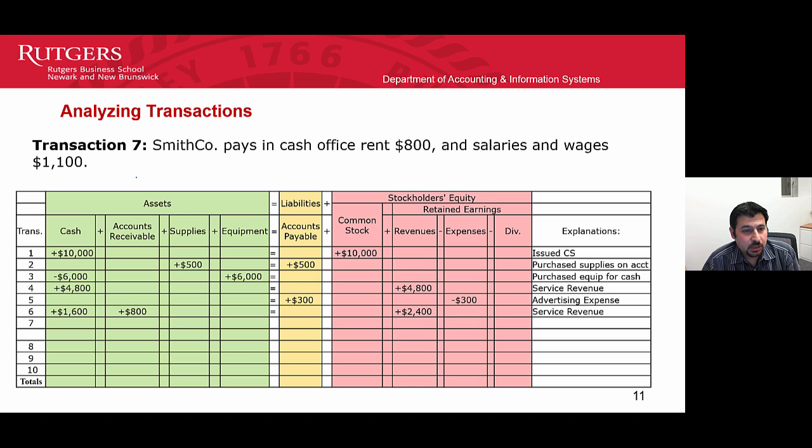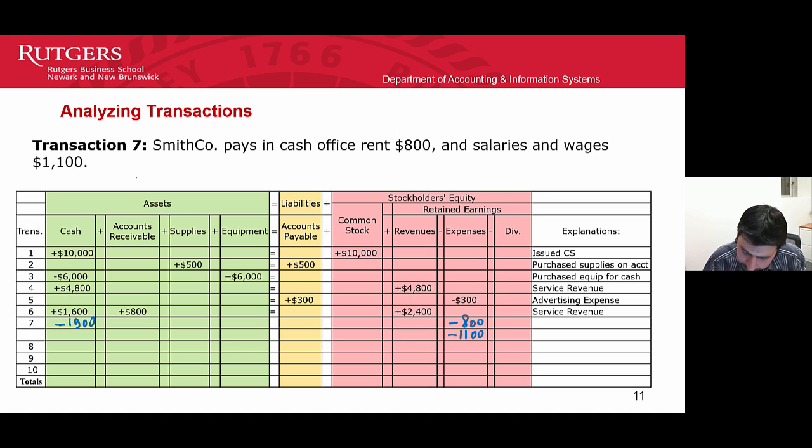So cash has decreased by the total of 800 plus 1100, which is minus 1900 for cash. And then we have rent expense minus 800 and salaries minus 1100.